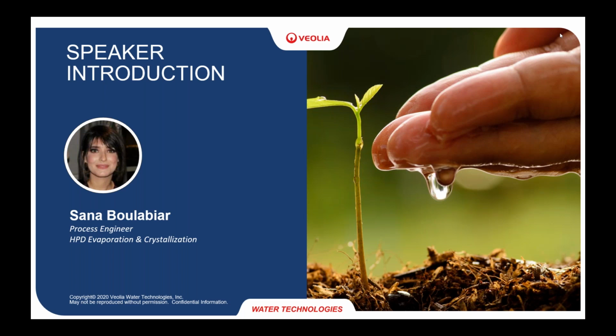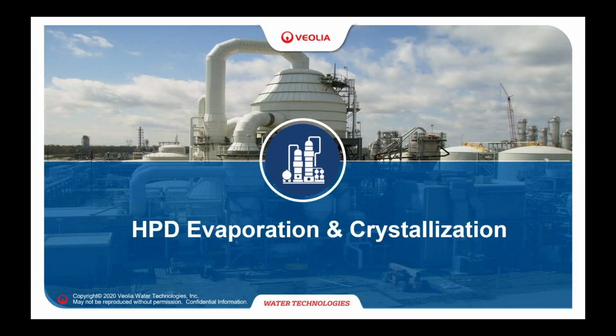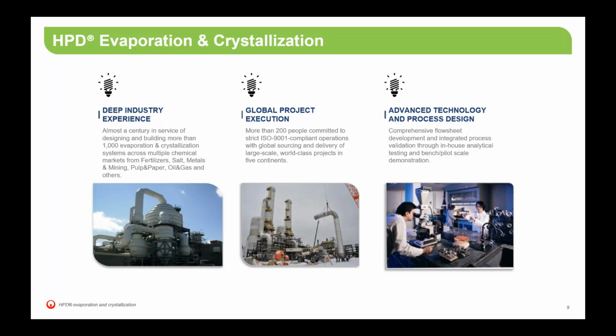Just to give you a quick idea about HPD for those who do not know us. HPD, as I said, is 200 people. We are focused on evaporation and crystallization systems across multiple industrial and chemical markets, such as the salt market, metals and mining, lithium, pulp and paper, oil and gas, and fertilizers, of course.